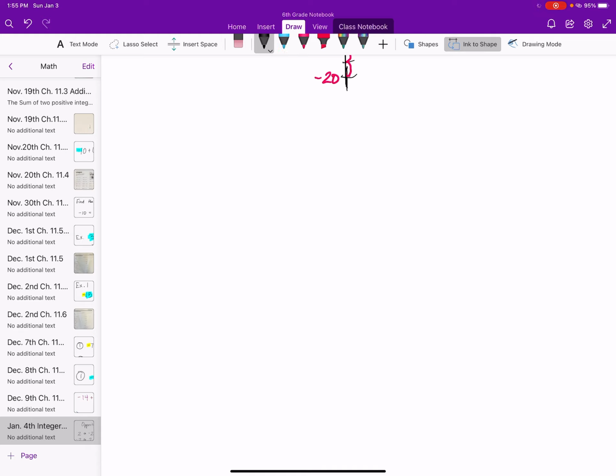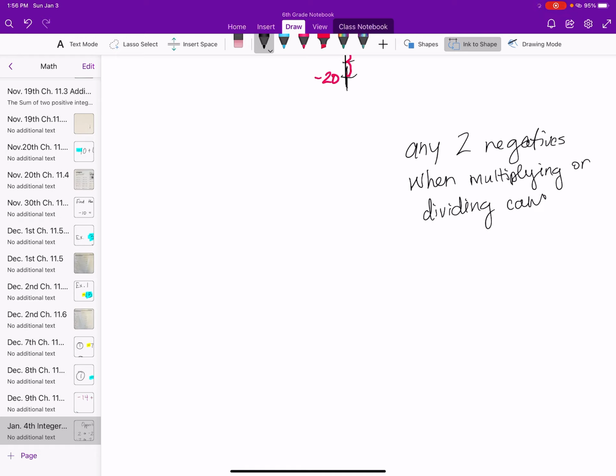Okay, so when we're multiplying and dividing, remember that any time that you have two negatives, they cancel out. Okay, so any two negatives when you are multiplying, I should probably write the word out, multiplying or dividing, cancel and make a positive.